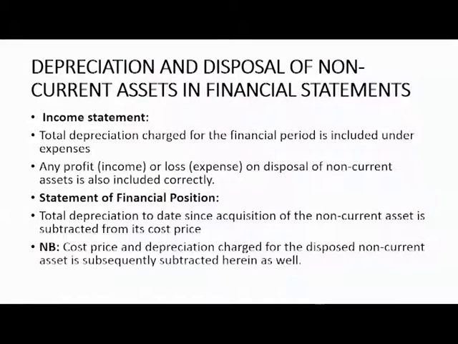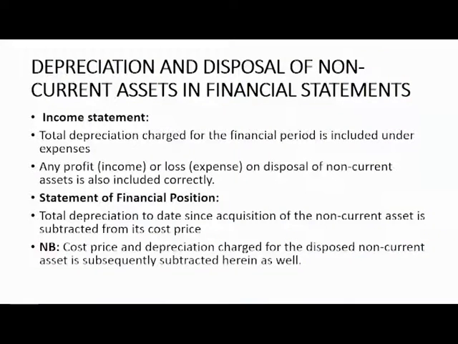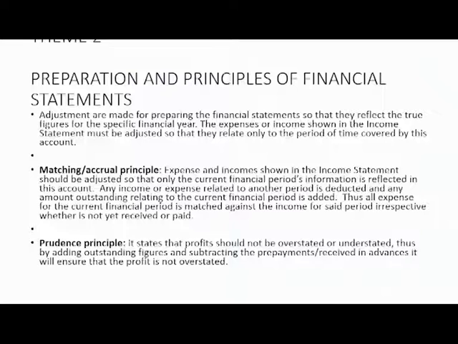We have to give a true value of our non-current asset. Don't just record the cost price of an asset. You should subtract the depreciation so that we can give a true value of the book value of the assets. Cost price and depreciation charge for the disposed non-current asset is subsequently subtracted herein as well, like I said.